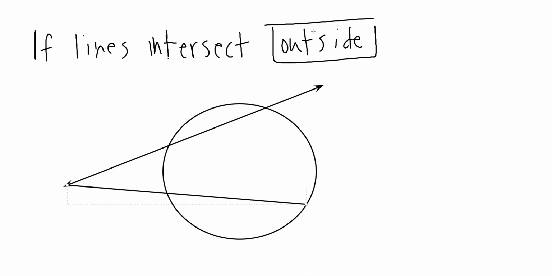You see my intersection point. My intersection point is out here. It's outside of my circle.